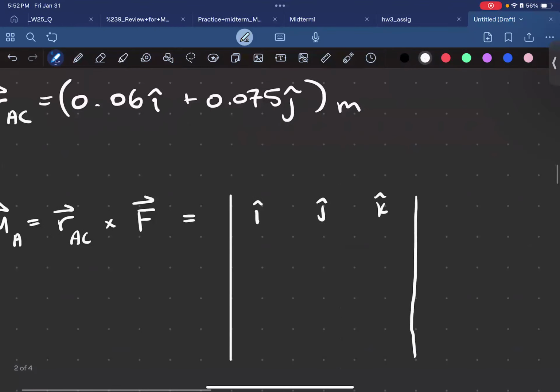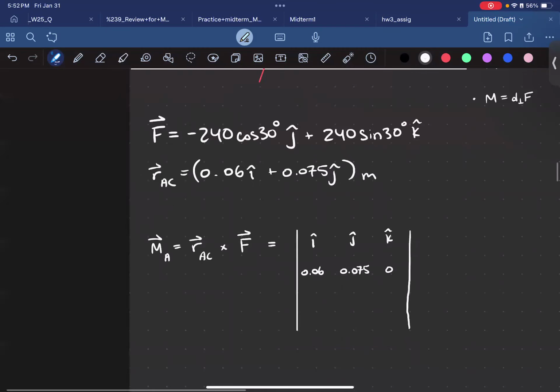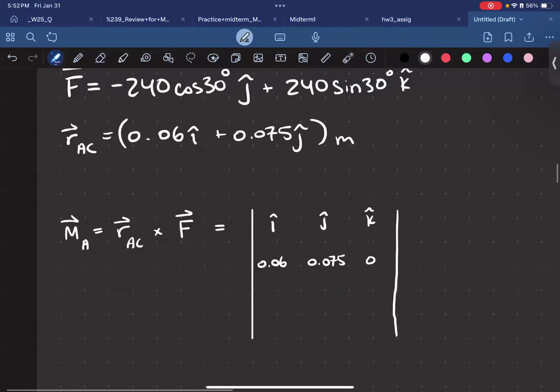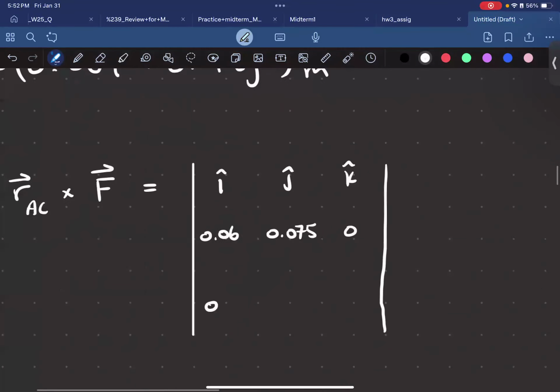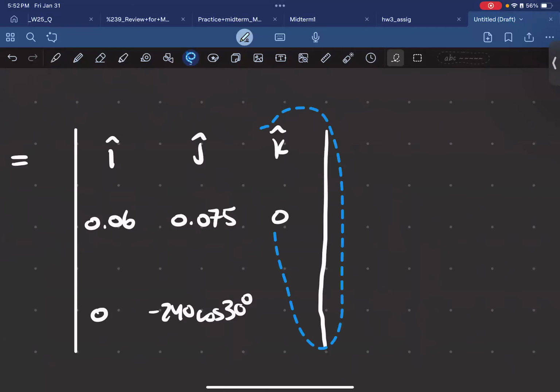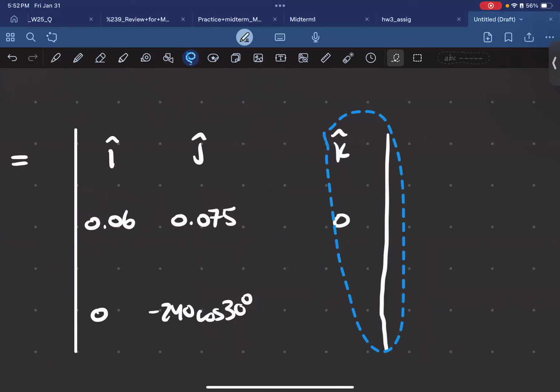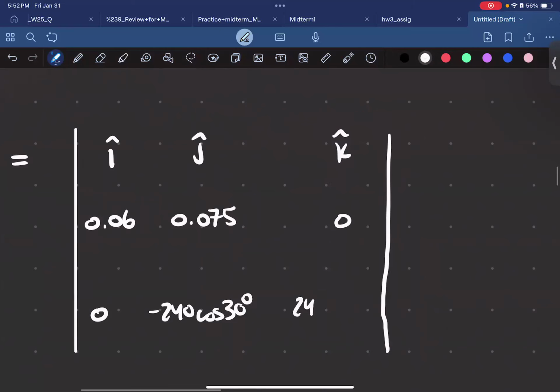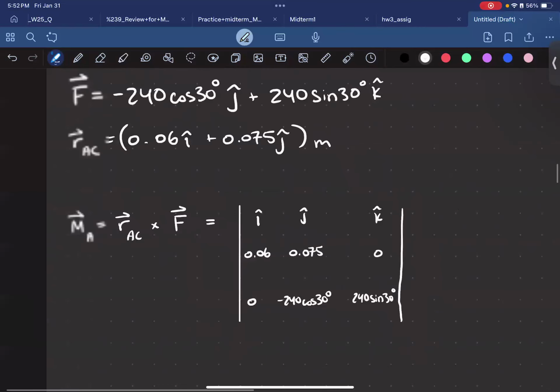So I'll have 0.06 under I, and 0.075 under J, and 0 under K. And then our force is going to be 0 under I, negative 240 cosine 30 under J, and then 240 sine of 30 under K.